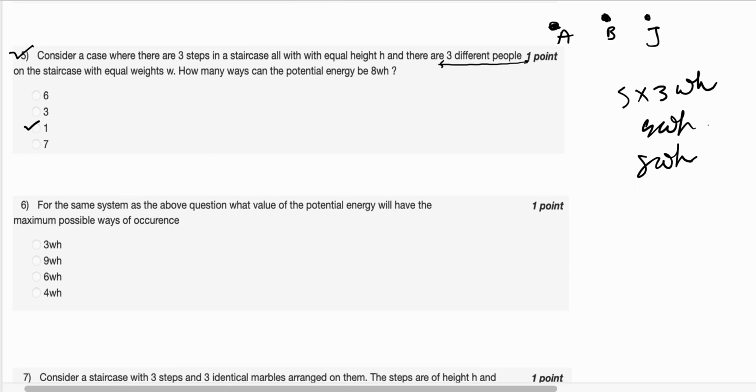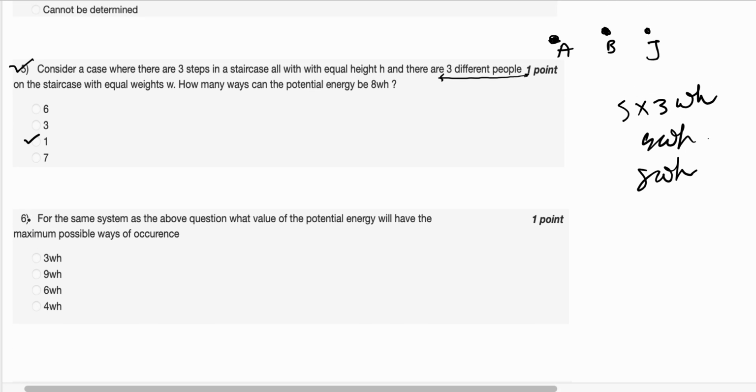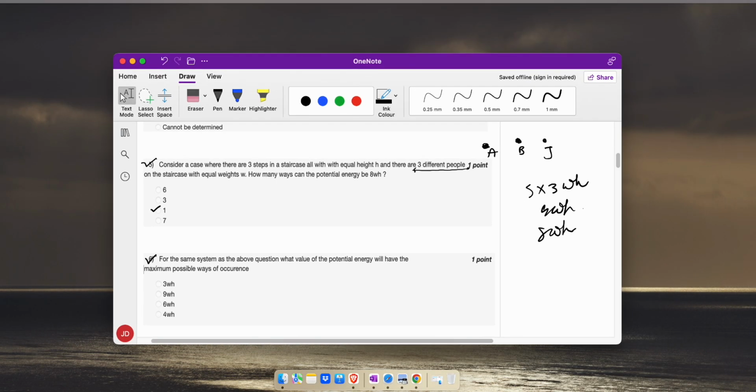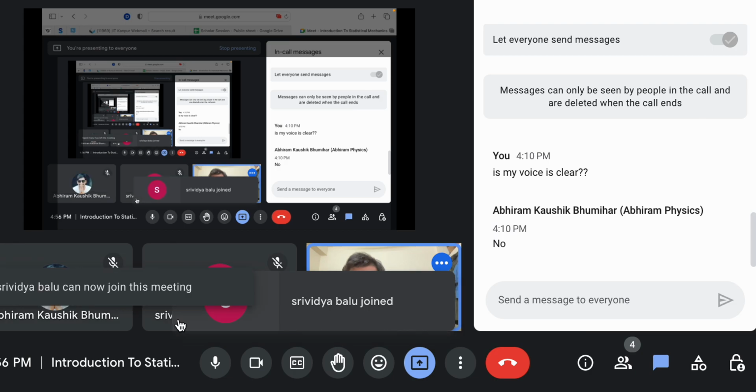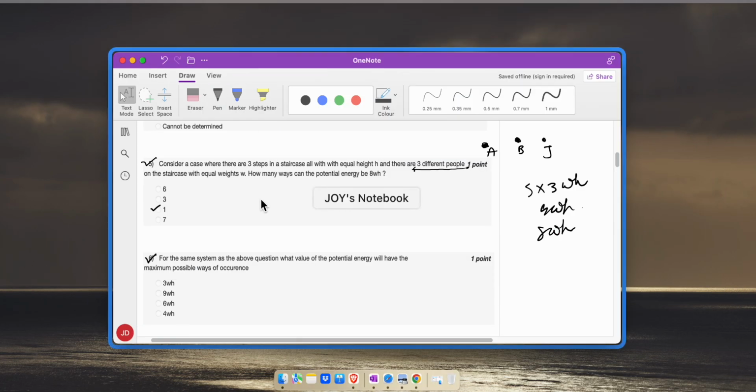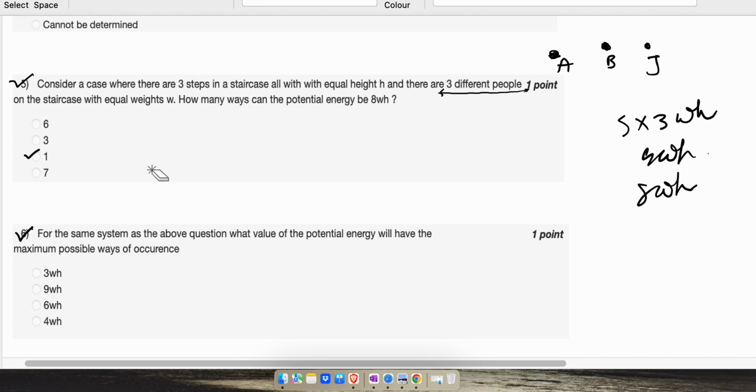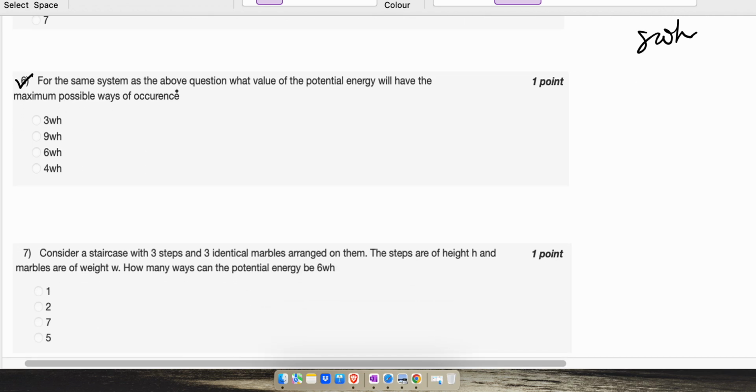Now let us go to the sixth question. For the same system as in the above question, what value of the potential energy will have the maximum possible ways of occurrence?